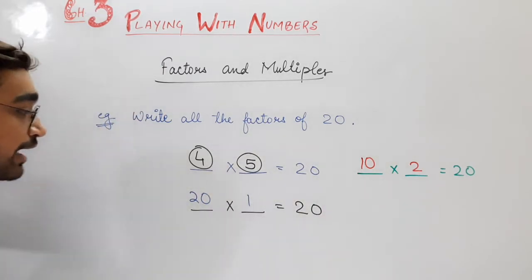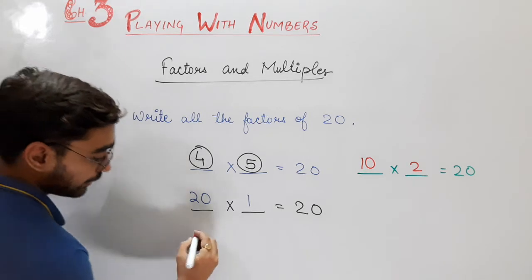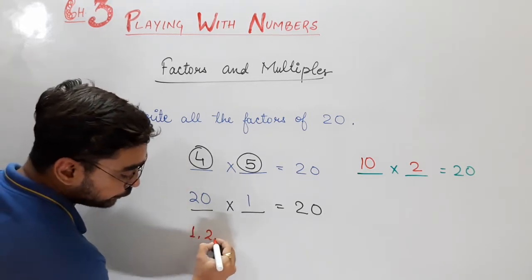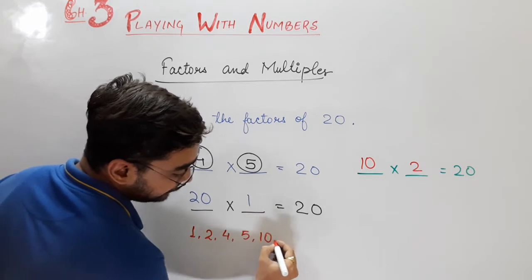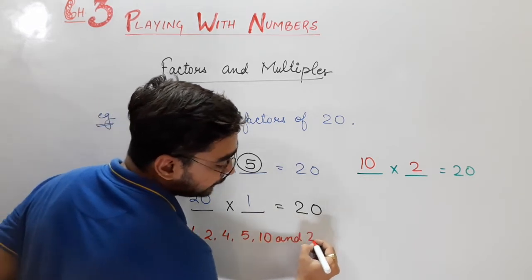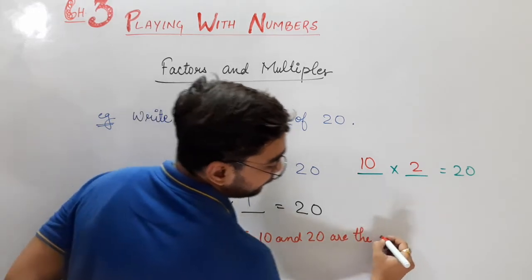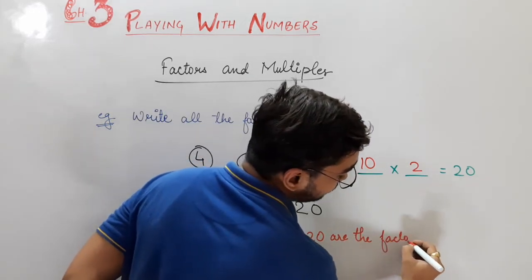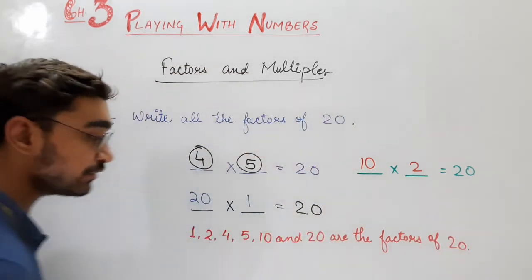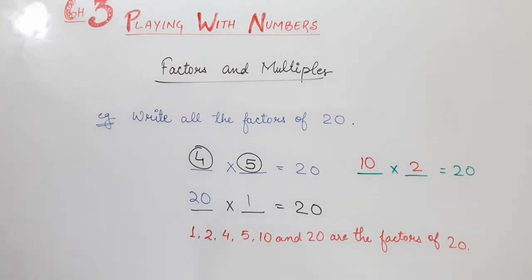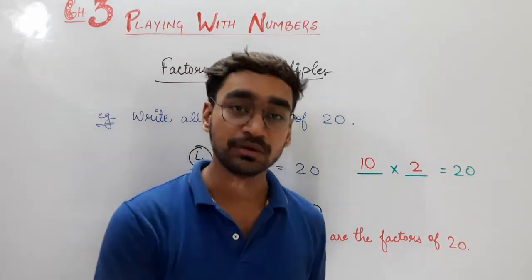So we can say that 1, 2, 4, 5, 10 and 20 are the factors of 20.